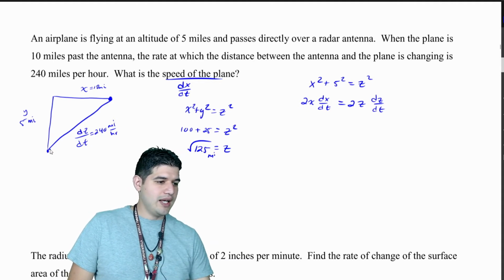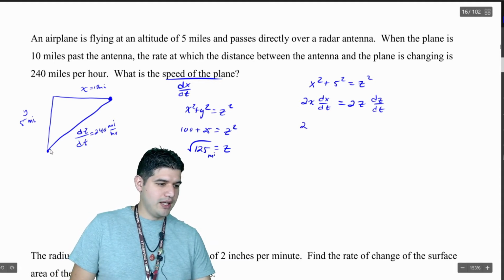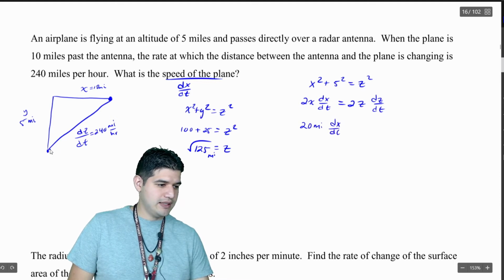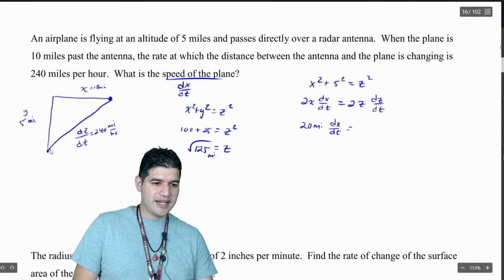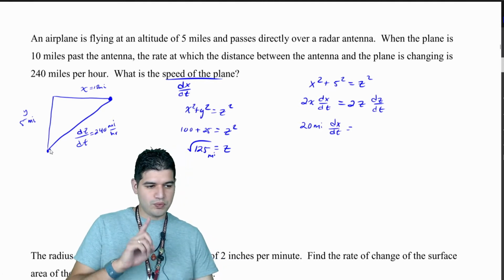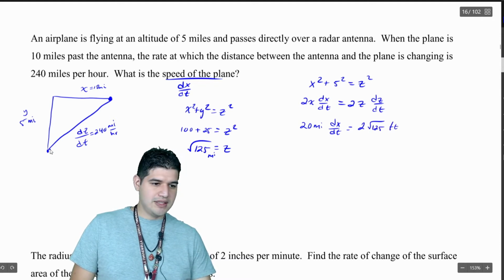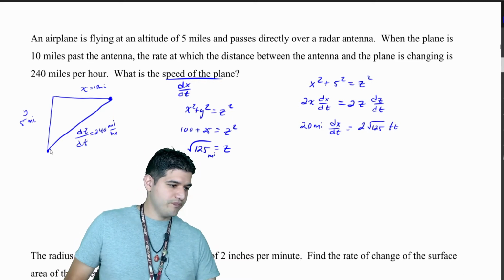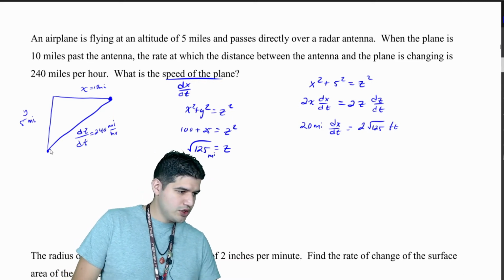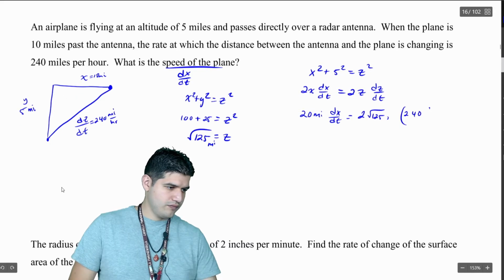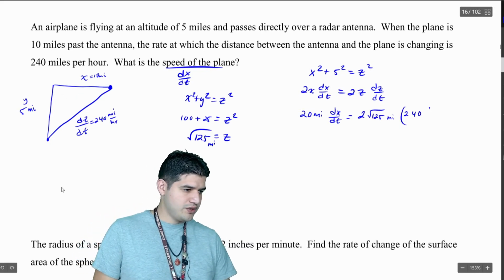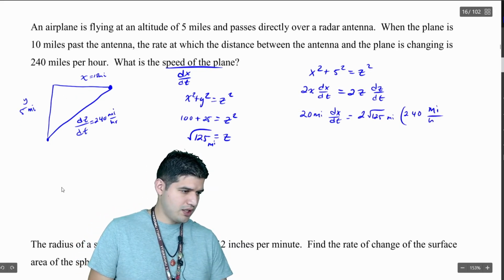So x is 10 miles, so 2 times 10 miles, that's going to be 20 miles, dx/dt, equals 2 times z, which we just found was the square root of 125, so 2 square root of 125 miles, times dz/dt, which is 240 miles per hour.